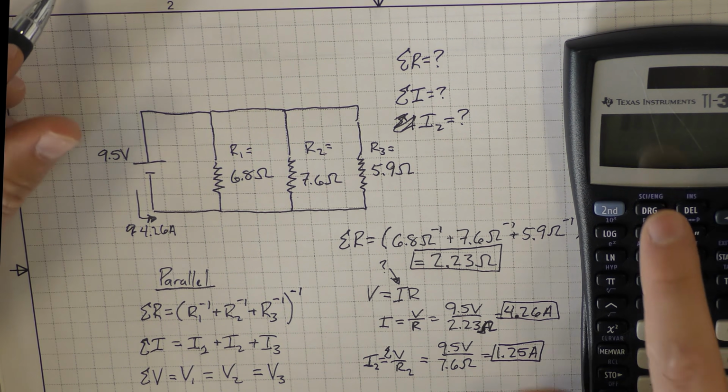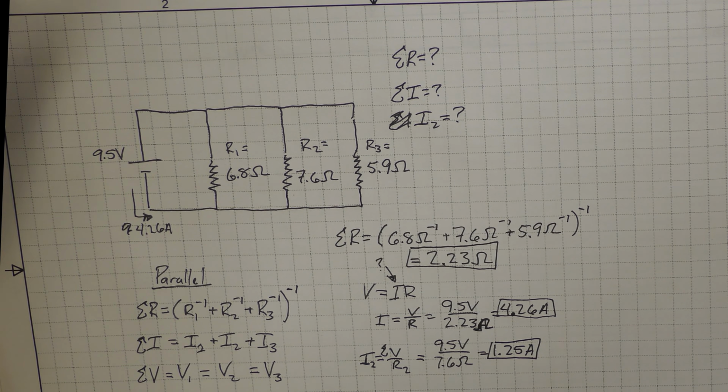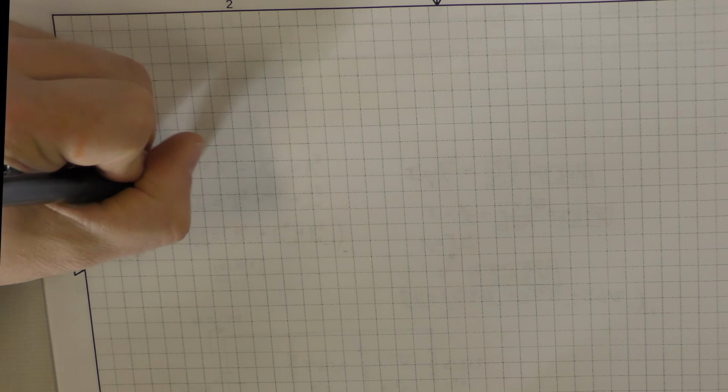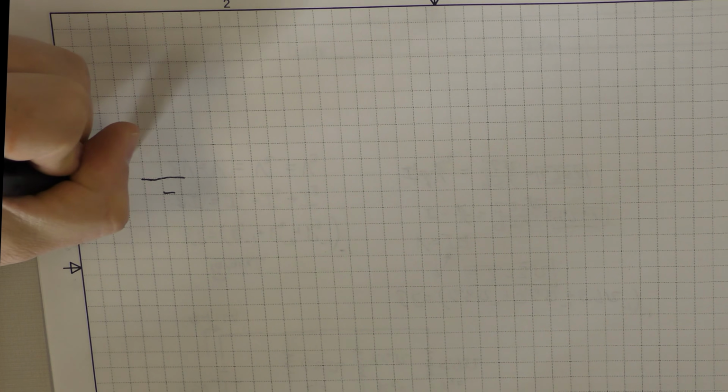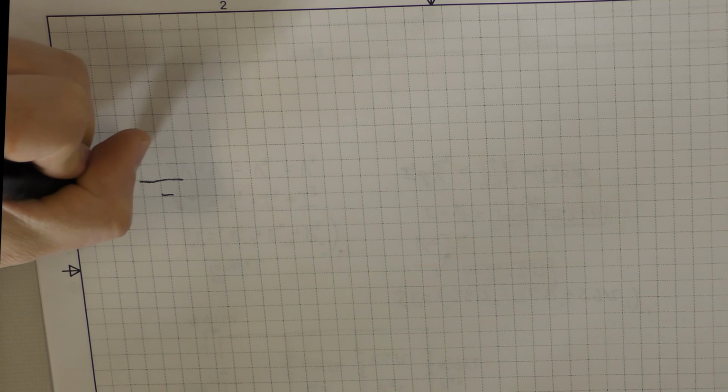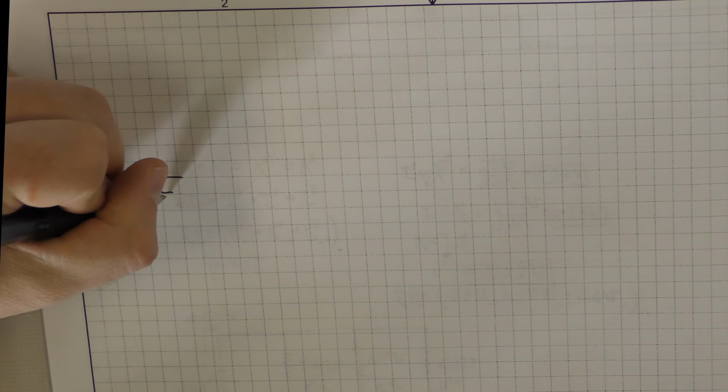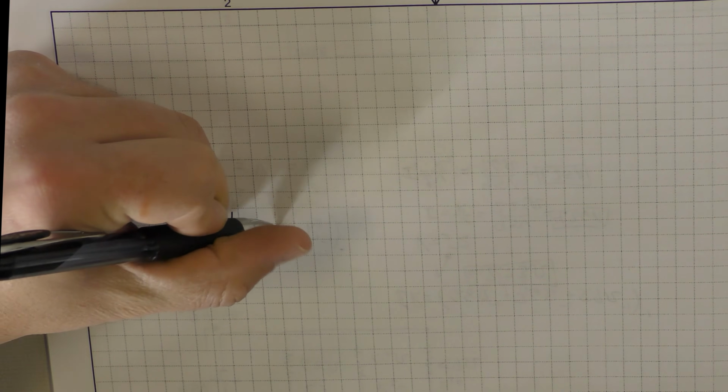Okay, let's do one that's even more difficult. Let's say we have a circuit. It's connected to a 20.5 volt battery. Let's say we have a resistor right here.